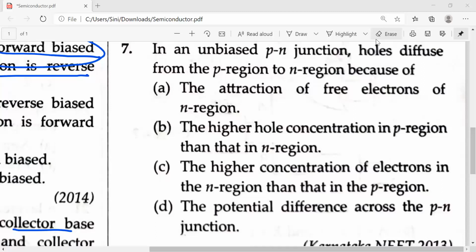Very easy thing. In an unbiased PN junction, holes diffuse from P region to the N region in a PN junction diode. Because of what? Obviously, diffusion. Let me draw a diagram here, then I think it will be much better. I'm leaving some gap, this is the depletion region.